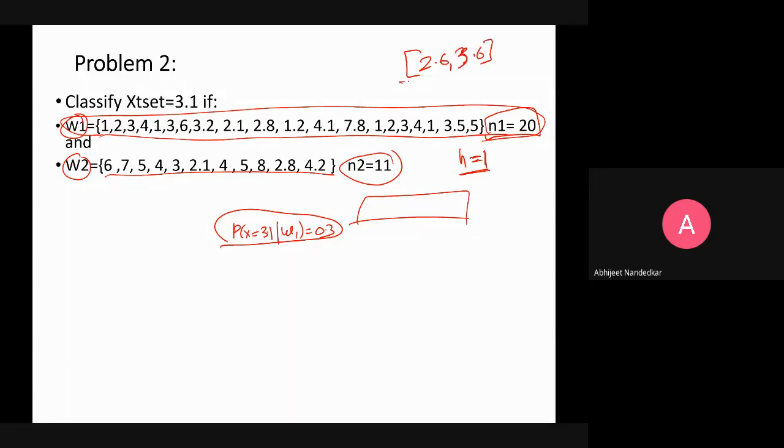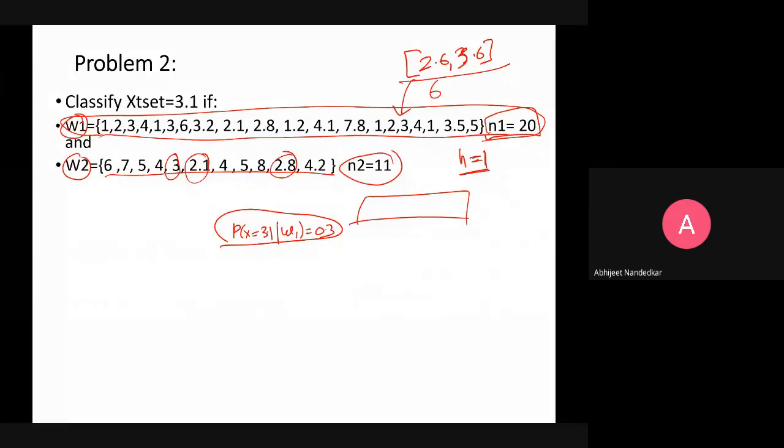In this range from omega 1, there are, I think, 6 samples that we saw in the last problem. Now here in this range, you can mark out how many are there. So 2.6, this is there, this will be there, up to this will be there.